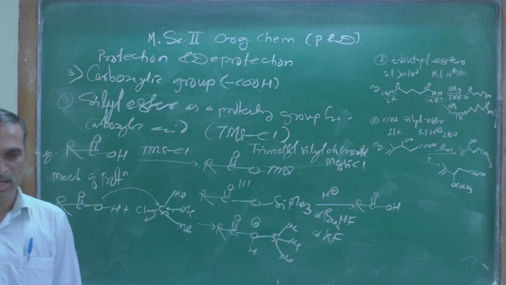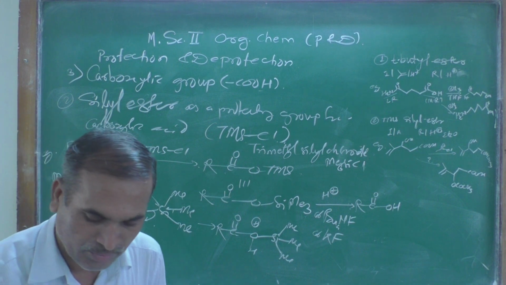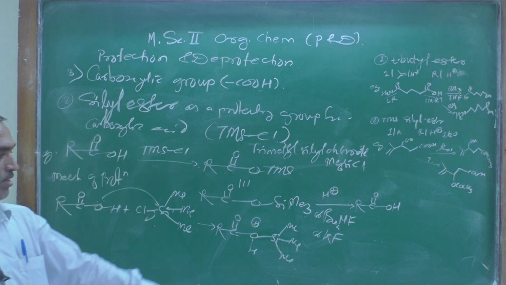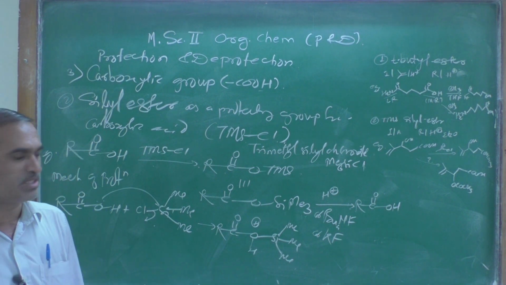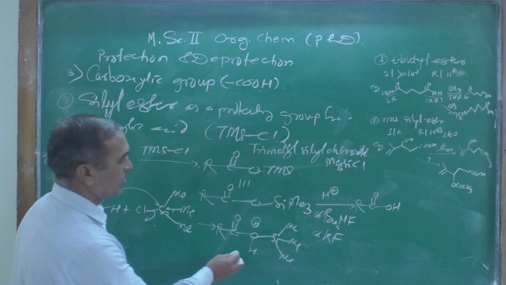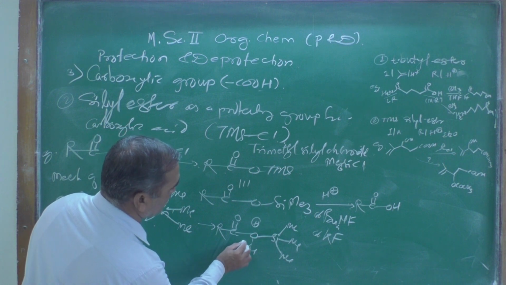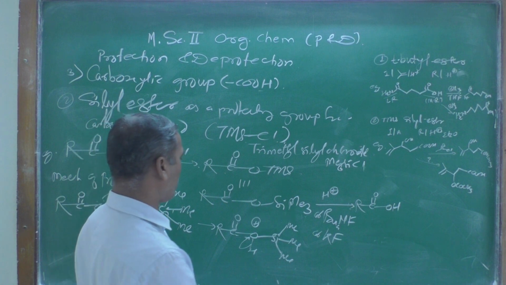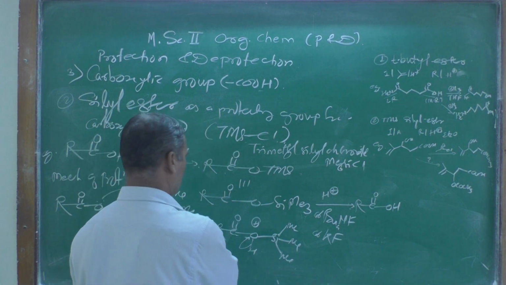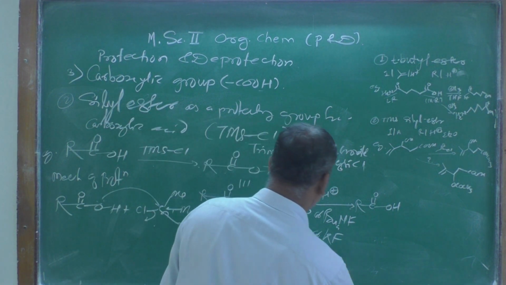As I already told you, when positive charge is present on a heteroatom, that species becomes highly unstable. It tries to stabilize itself by losing the proton, H from here and Cl from here, that goes into the atmosphere.